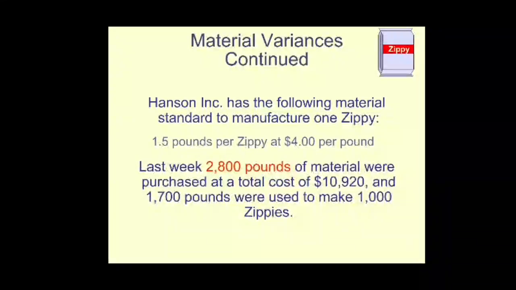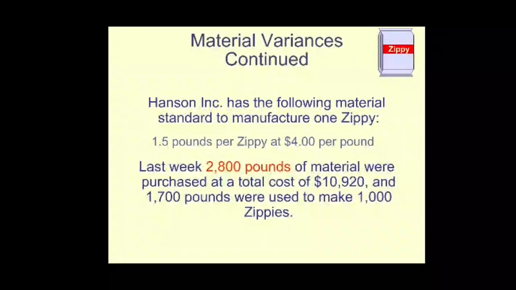This is another example related to the material variances. Hanson has the following material standard: 1.5 pounds per ZP at $4 per pound. Last week, 2,800 pounds of material were purchased at a total cost of $10,920, and 1,700 pounds were used to make 1,000 ZPs.